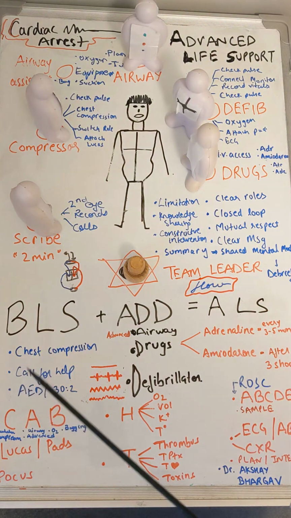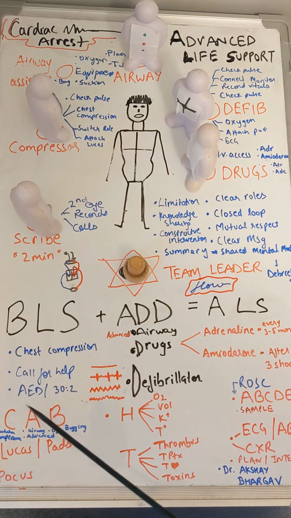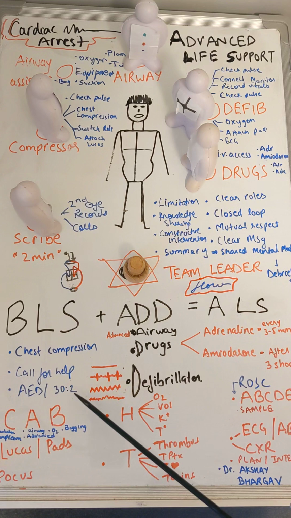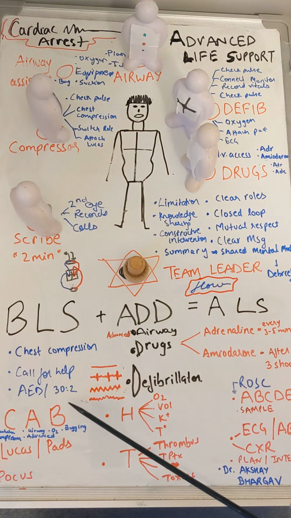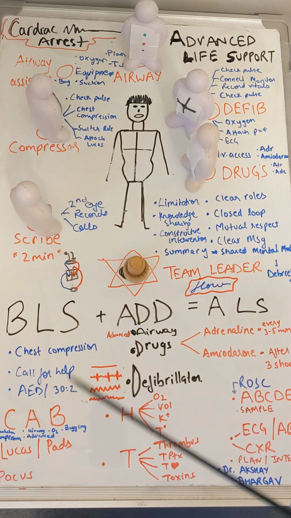You call for help, and if you get someone around you to give you an AED, switch it on and follow its instructions. If you can provide breathing, do two bag and mask ventilations or pocket mask ventilations. So 30 compressions and 2 ventilations.